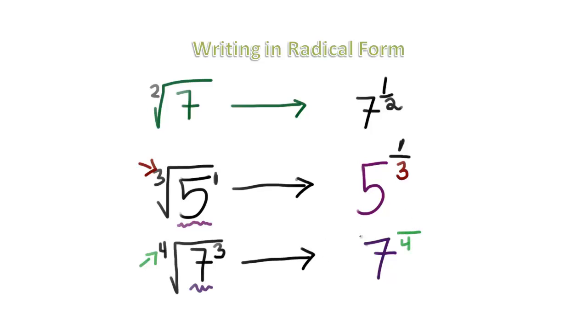And the numerator, since this is 7 to the 3rd power, you have to put this 3 here, and that's the numerator of your power. So the 4th root of 7 cubed is written in exponential form as 7 to the 3/4. Okay, so this is the exponential form, and this is the radical form.